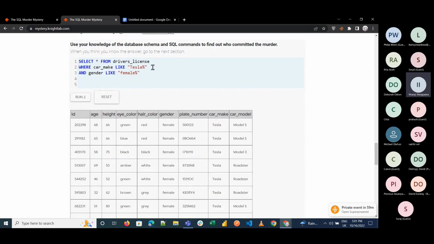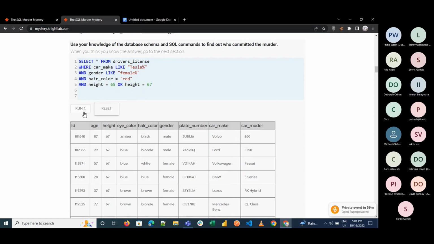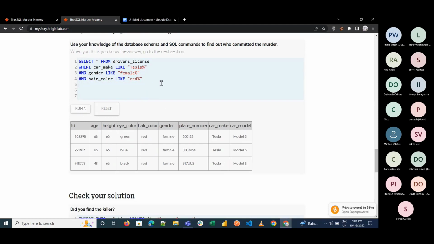Okay, so that means the table is not totally clean. Then the hair color is also red. Both again. Okay, then for the height.